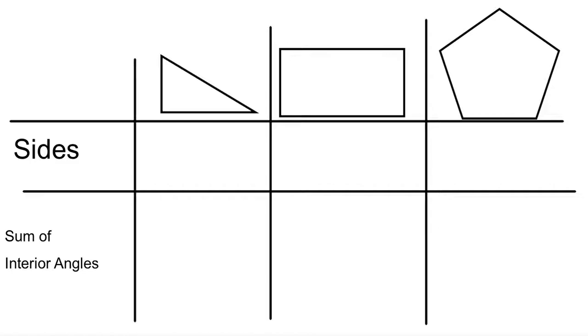All right, so let's look at some polygons and what the sum of their angles is. So this is a triangle, it has 3 sides, and we know that the sum is equal to 180. This is a rectangle, or it looks like a rectangle, it has 4 sides, and if each one of these is 90 degrees, it adds up to 360 degrees. But this is a pentagon, it has 5 sides. So how do we figure out what the sum of the interior angles is?